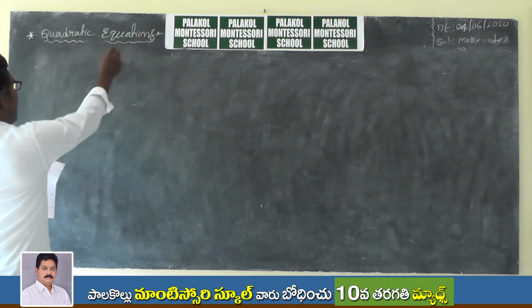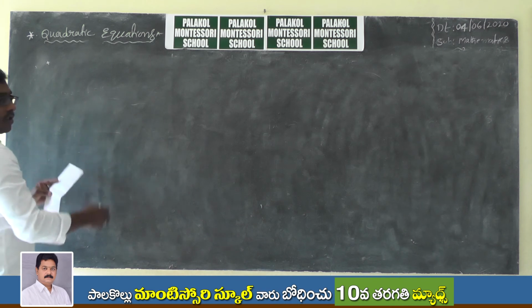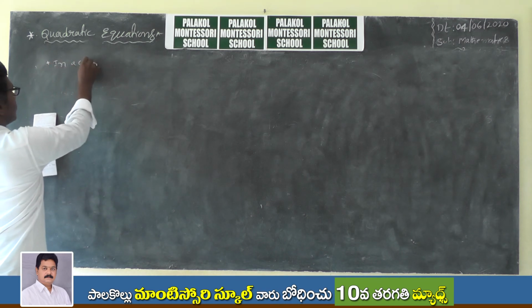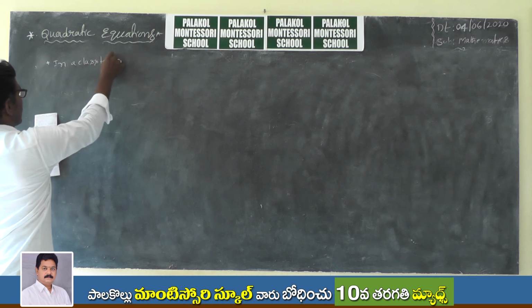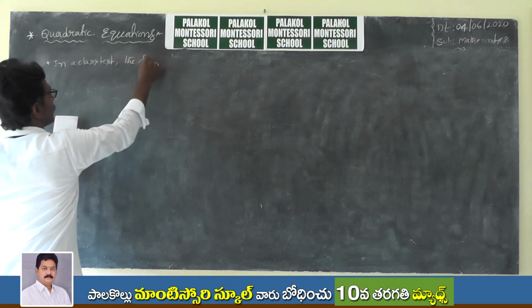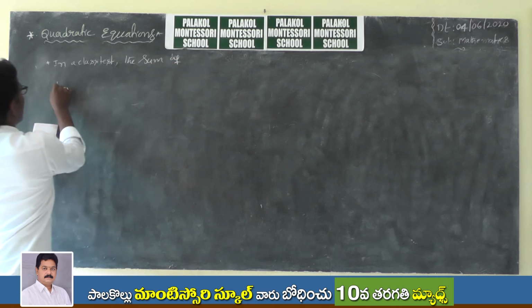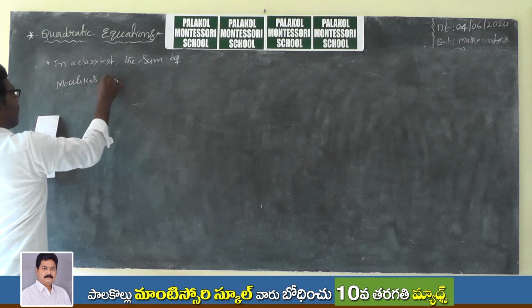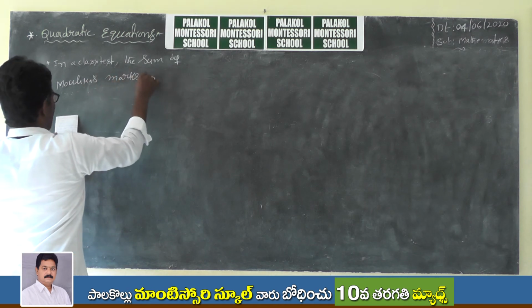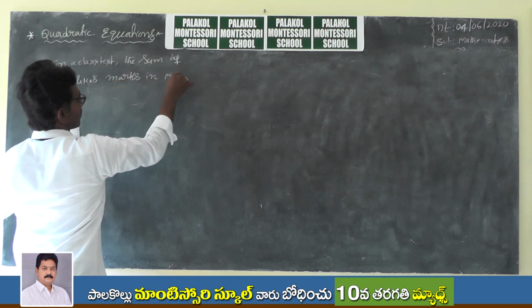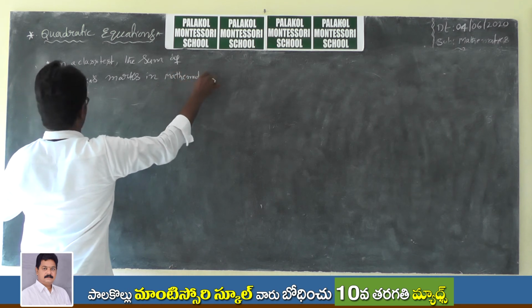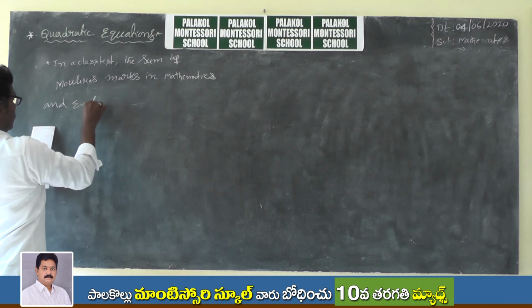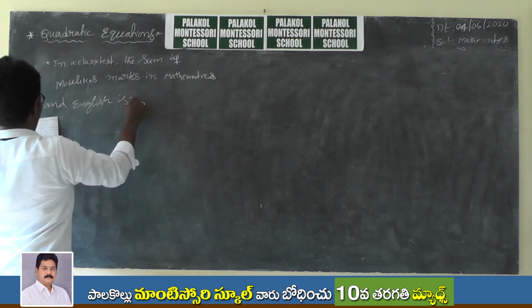Just I give the hint, you do it at home. In a class test, the sum of Monika's marks in mathematics and English is 30.